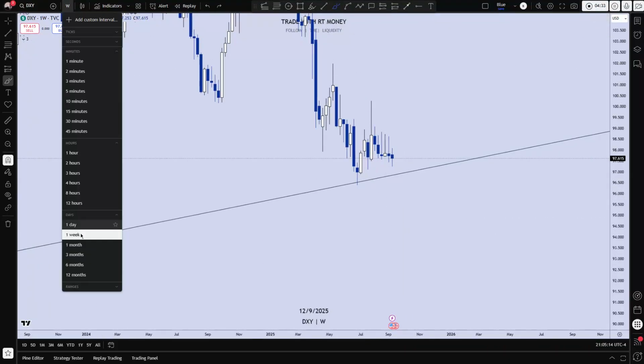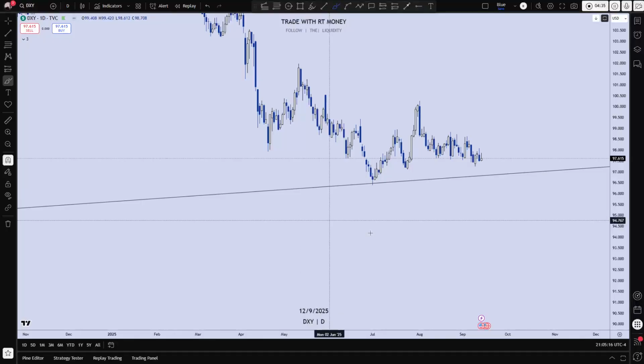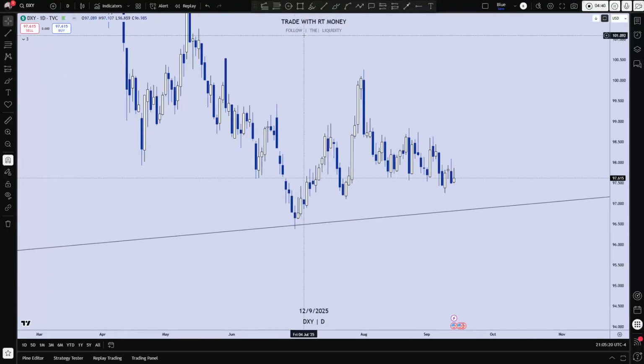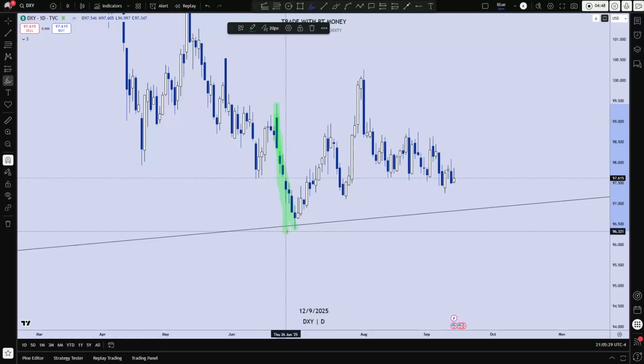Now, if we go to the daily, I want you to also see that price made this last bearish manipulation leg. This is the last bearish leg before price started to move higher. Made this high here and this low, and then a higher high breaking the high of that manipulation leg.